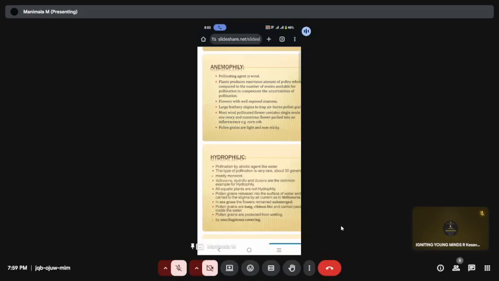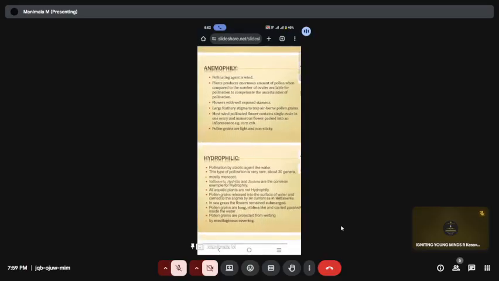The stigma should be hairy, feathery or branched. For what? To trap or to catch the pollen grains. And here enormous amount of pollen grains are produced. Okay, so these are the anemophilic pollination characters, that is wind pollinating flower oda characters.